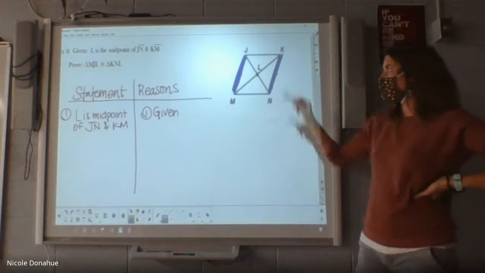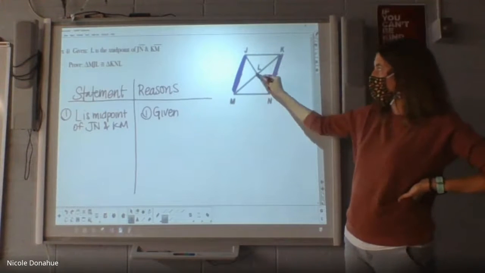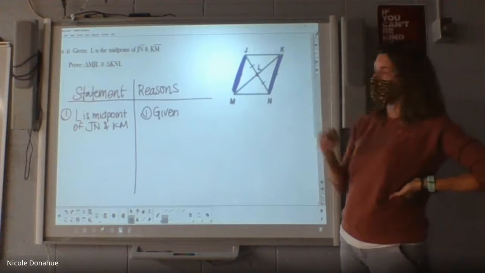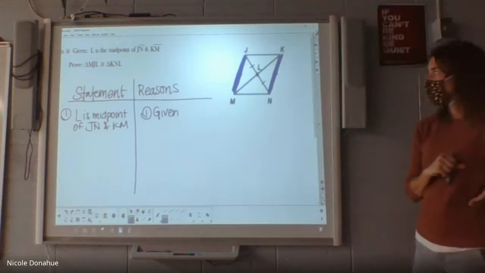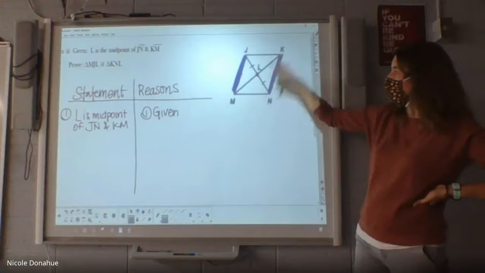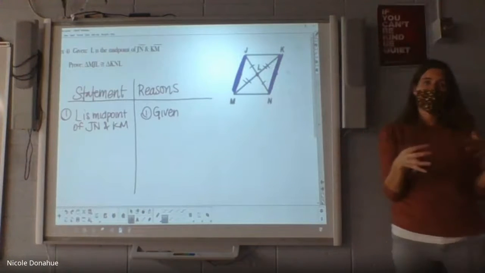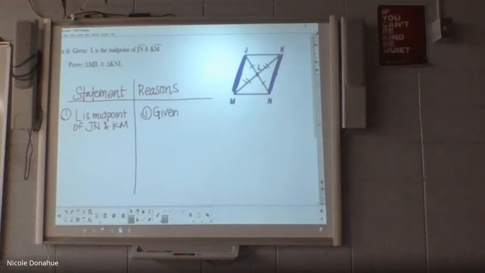So JN, this is the middle, so this and this are the same. And L is the middle of KM, so this and this are the same. Now they're not all equal to each other, because hopefully you notice KM is actually longer than JN, but each of them is cut into two equal pieces.